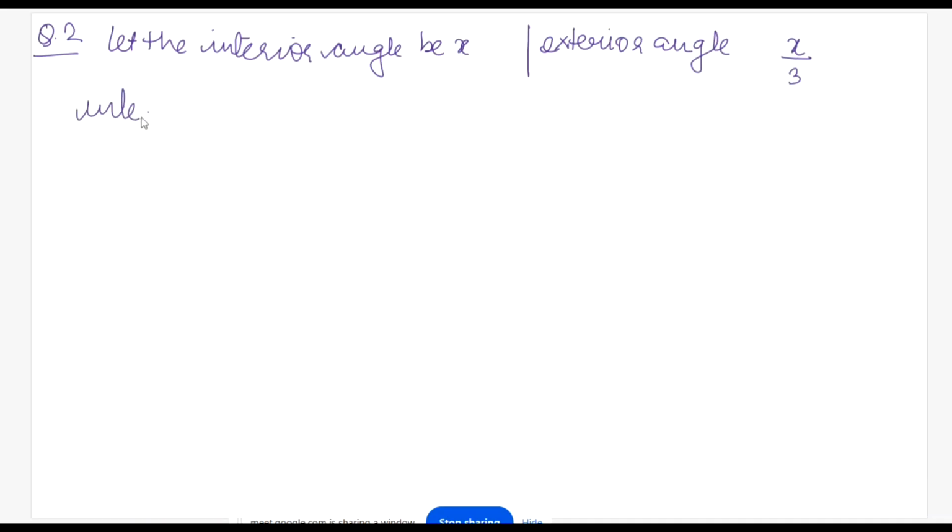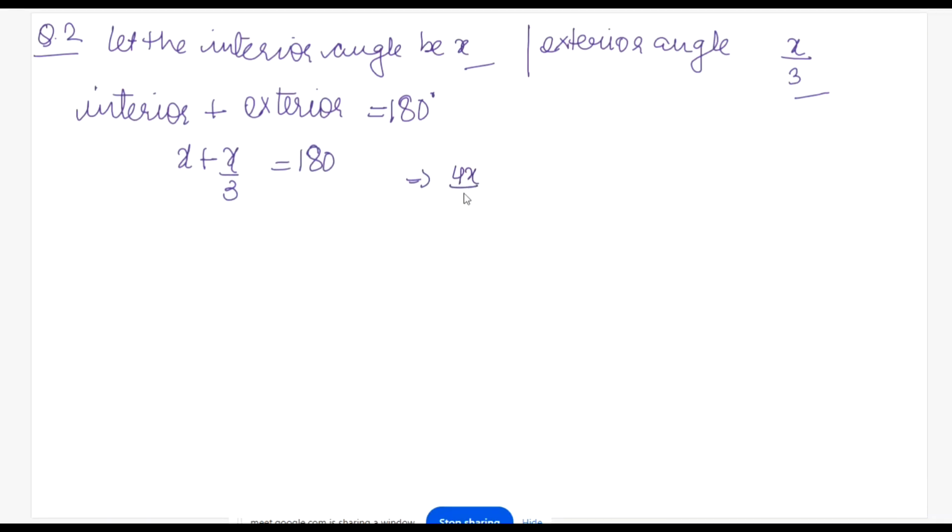So interior angle plus exterior angle is equal to 180 degrees. So x plus x by 3 is 180 degrees. This implies 4x by 3 is equal to 180 degrees, so 4x is equal to 540 degrees. So my x value will be 540 by 4. How much?